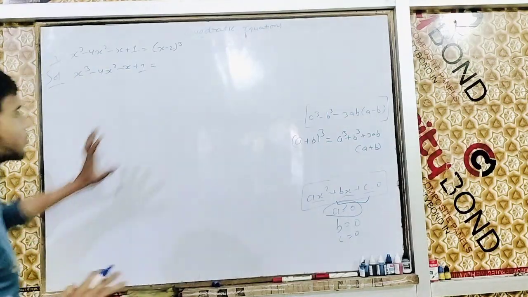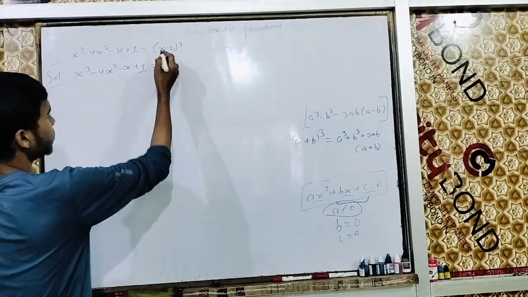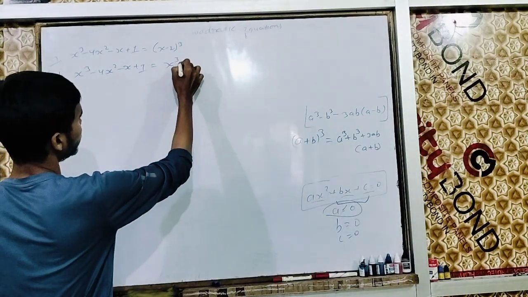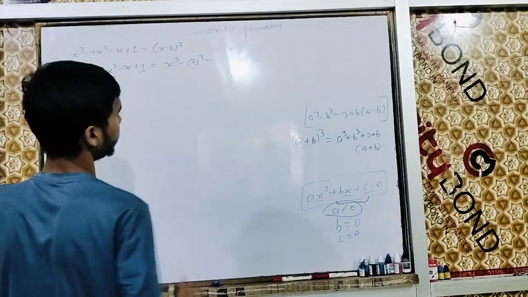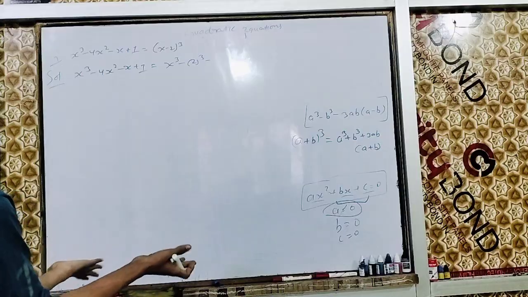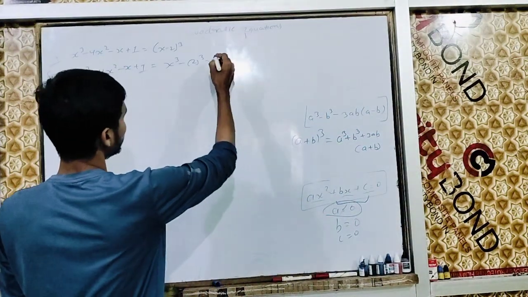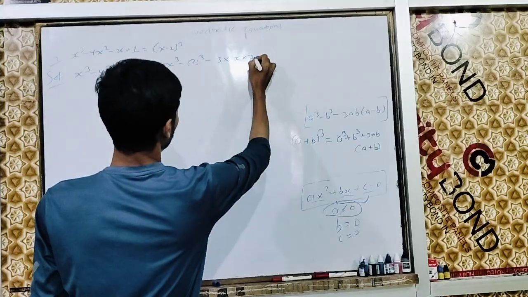Now, let's convert this into this form. A is x, so it would be okay. Then 2 raised to power 3. Then what else? 3 multiplied by ab, then a minus b. Here 3 multiplied by x, then 2.